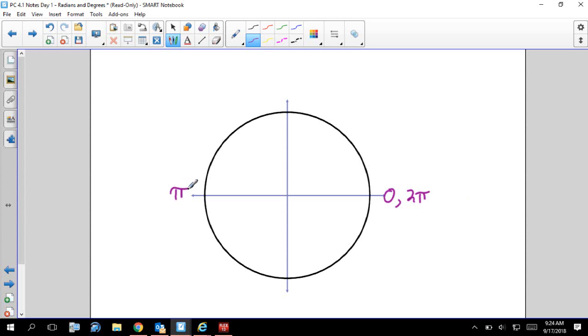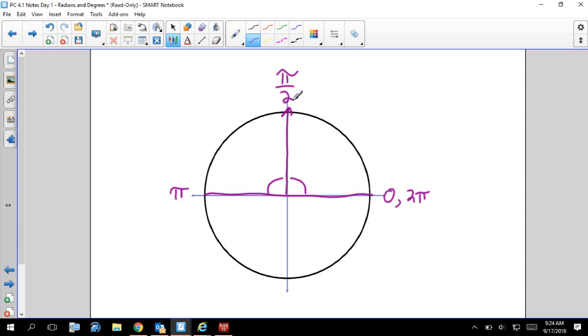Now, I think it is easy if we figure out the rest of these angles by using the top half, pi. Pi is really easy to do multiplication and division with. So if I'm looking at just the top half right here, it is divided into how many equal angles? So if I take pi and I divide it by 2, this is called pi divided by 2, pi over 2.